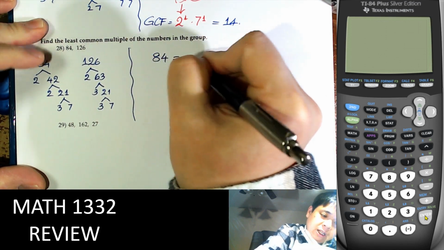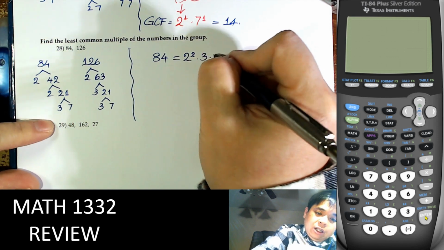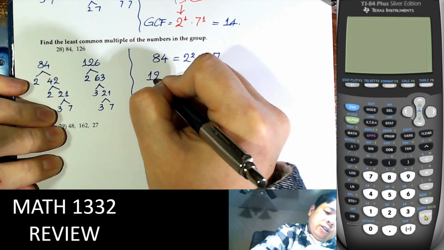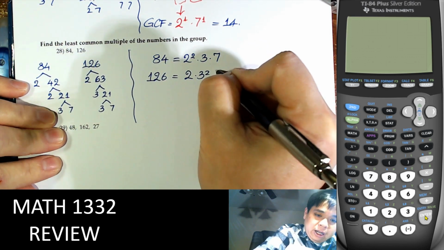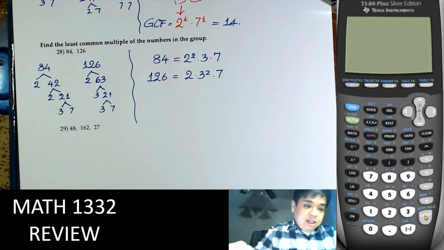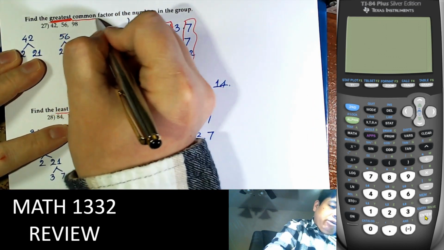84 is 2 squared, 3, and then 7. 126 is 2, 3 squared, and then 7. Right, now this is the least common multiple and greatest common factor.